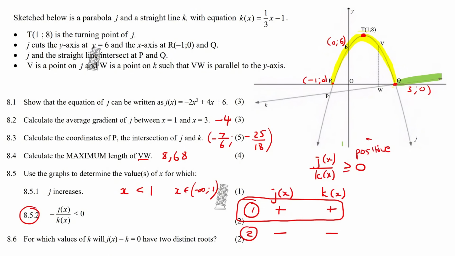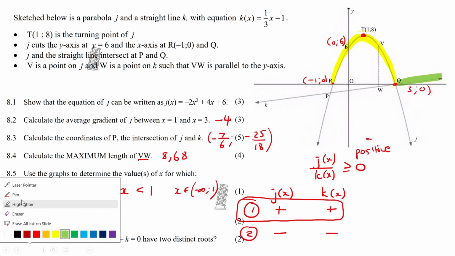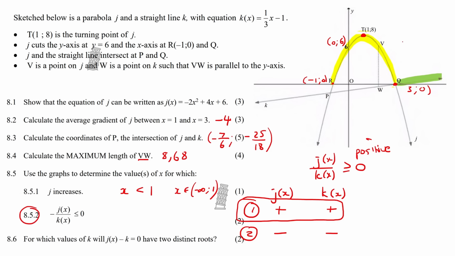Okay, so if you look vertically now, is there any place where the yellow part and the green part overlap? No, they don't, because the yellow part stops over there and the green part starts over there. So there's not going to be any solution for that part.